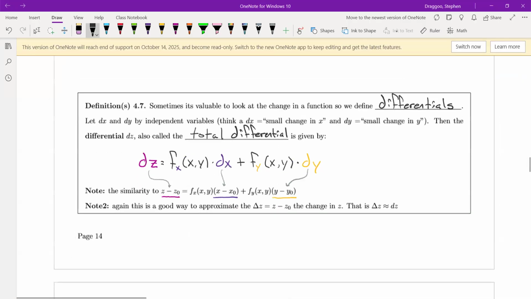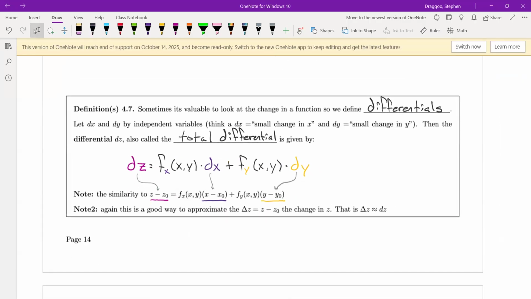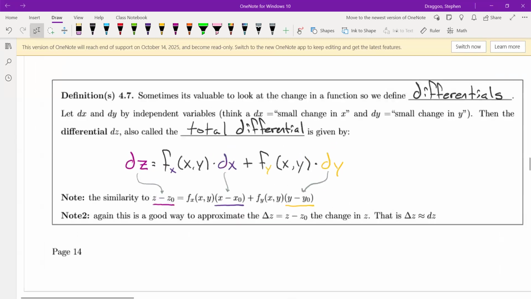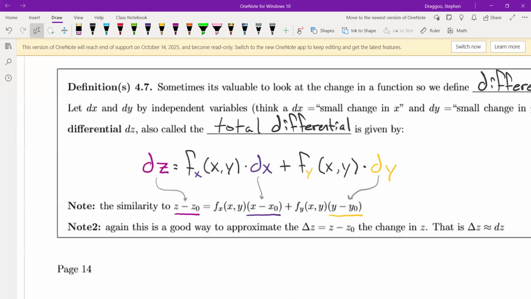All right, let's move on to this fancy definition over here, differentials. The total differential dz, which we're going to use later as our integration tokens. But for now, we're thinking of these things, dz, dx, and dy, as just itty bitty changes in whatever variable they're representing.